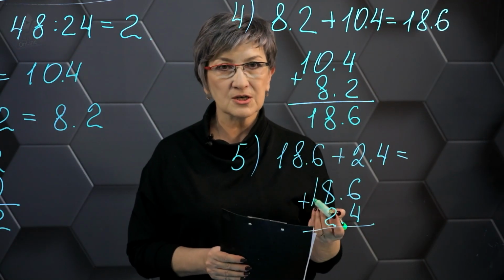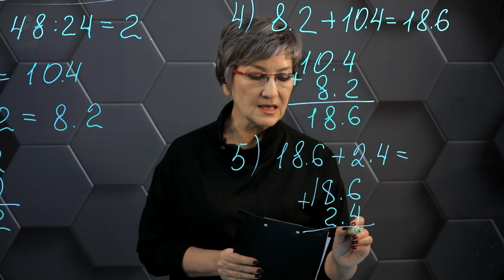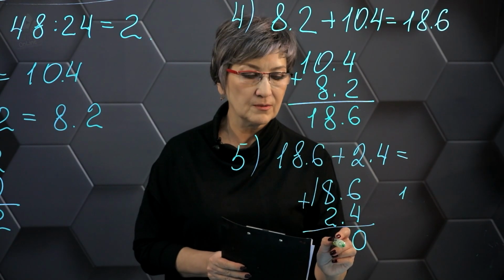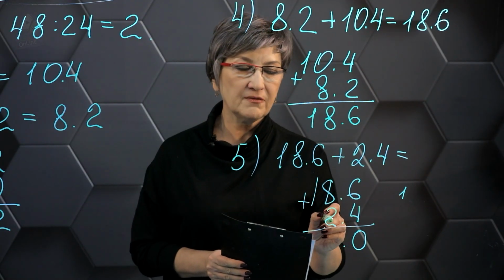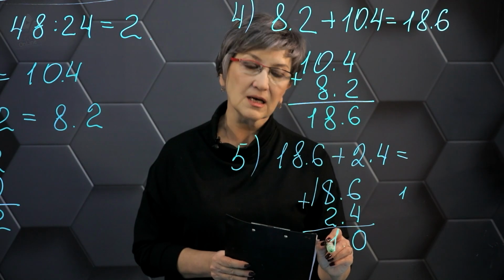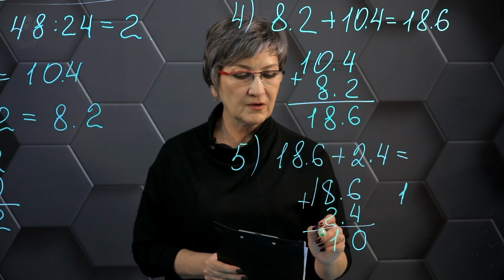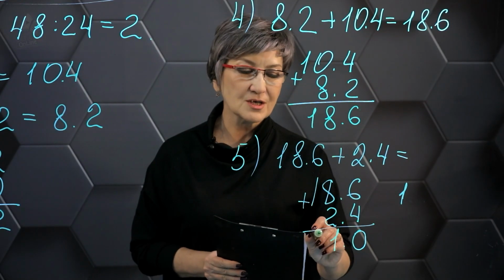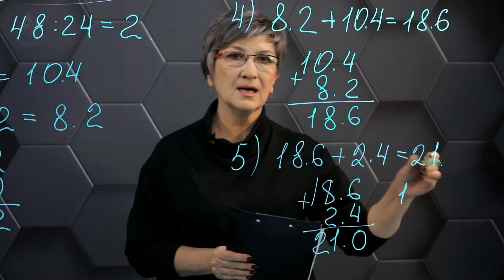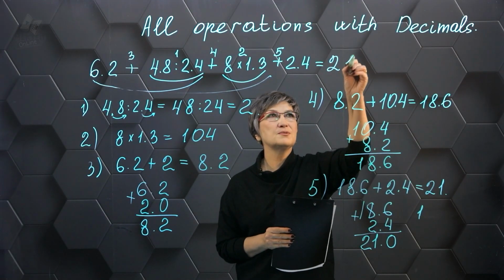This is very important. Now I'm adding it up. 6 plus 4, that would be 10. I write 0 and memorize 1. To 8 I add 2, that will be 10, and 1 in my mind, that would be 11. I write 1 and memorize 1 more. And to 1 I add 0, that's 1, and plus 1, that's 2. The result is 21. That's the answer to our example. I'm writing down 21.